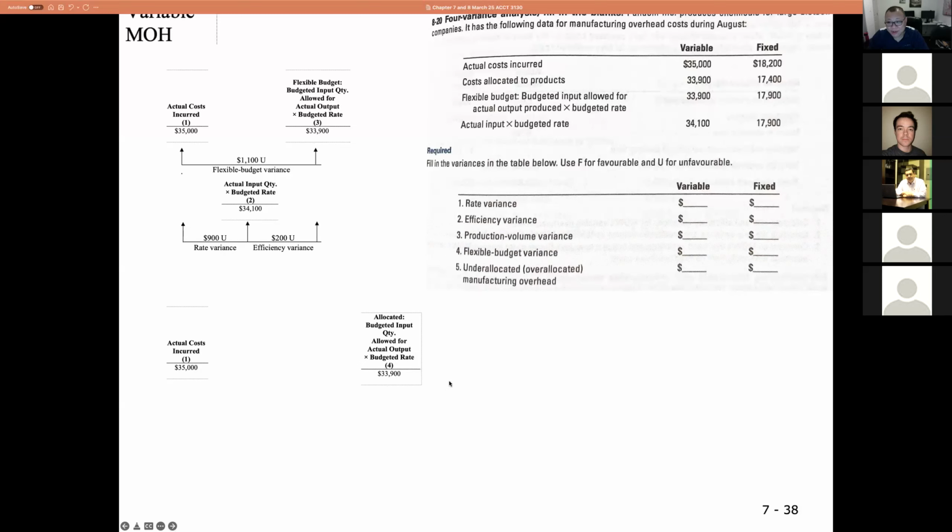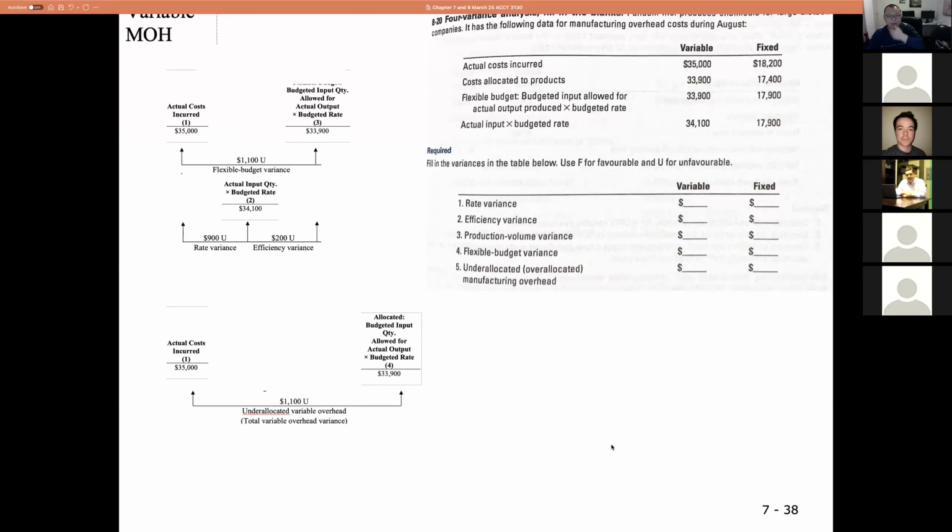And this is also the amount of over or under applied, right? Okay, so are we clear with this? This is the variable overhead.